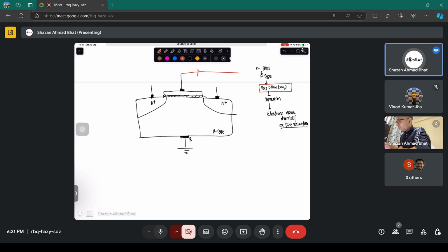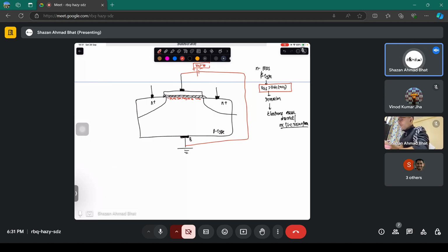That means you apply a positive voltage, all with respect to the body terminal. You apply a VG greater than V threshold, you induce the channel in the region below it, and you have the excess electrons near it.